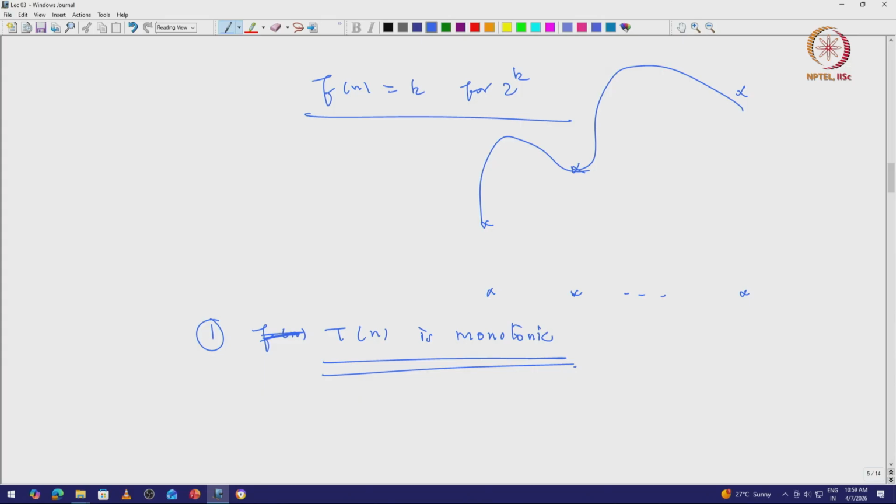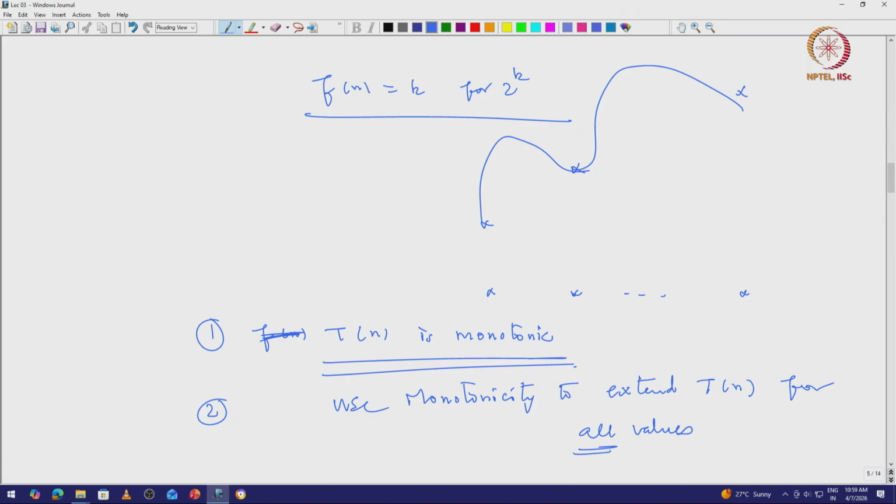Okay. So, then use monotonicity to extend T of n for all values.